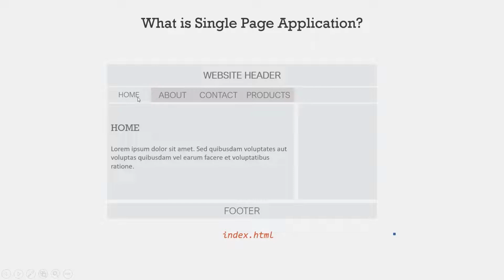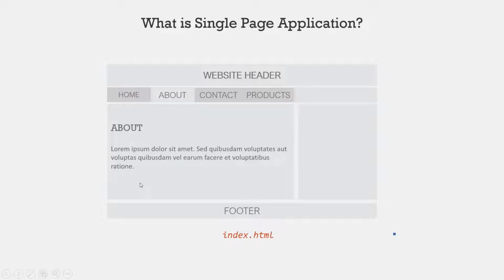Now, if we navigate around and if we go to the about section, then the content related to the about section has been displayed in the web page. But if you notice, the HTML file which is rendered in the browser for this about section is still index.html. So here, the HTML file has not changed. The web page has not changed. Only the content in the web page has changed.